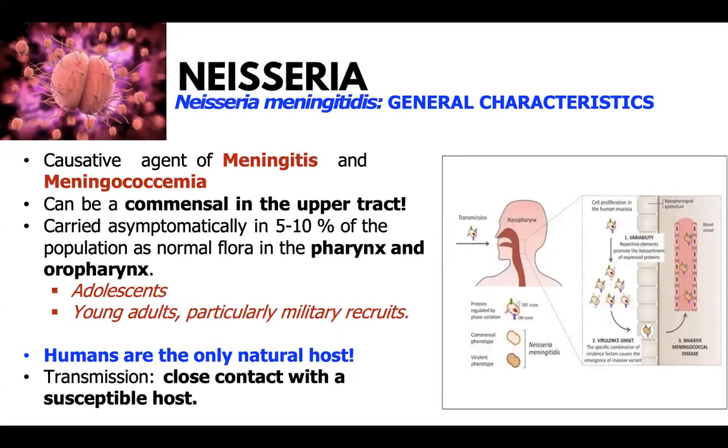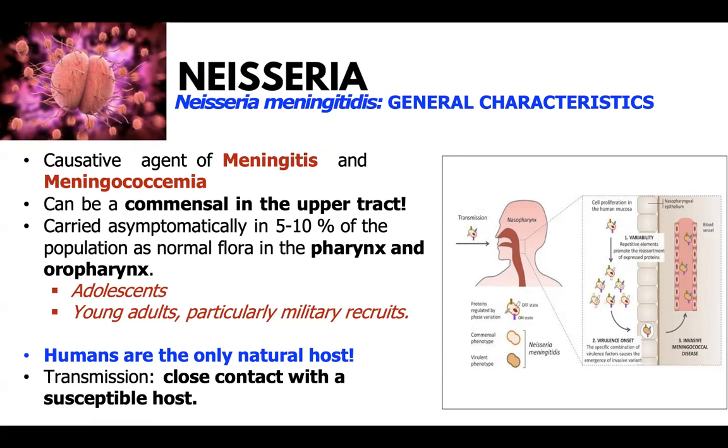Okay. So, dito naman tayo sa Neisseria meningitidis, guys. Okay? So, ang general characteristics ng ating Neisseria meningitidis are the following. So, note, si Neisseria meningitidis is a causative agent of meningitis and meningococcemia. Okay? This is a type of sepsis, no? Septic meningitis. Okay?